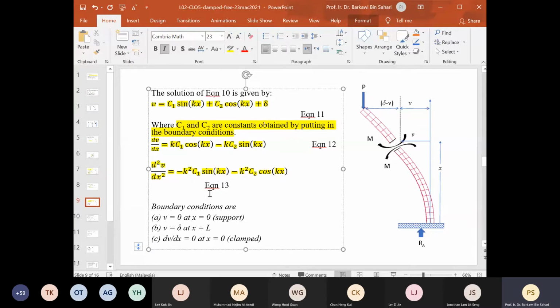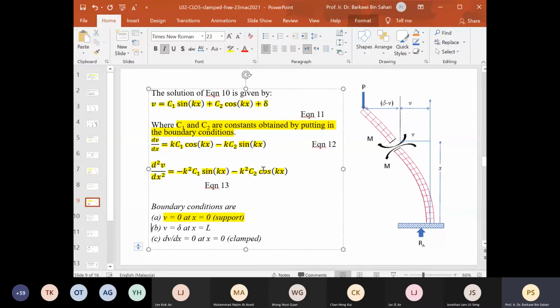So the boundary conditions. At the support, v equal to 0, where it is supported at x equal to 0. Okay, at x equal to 0, v equal to 0. Now this boundary condition comes from the support.